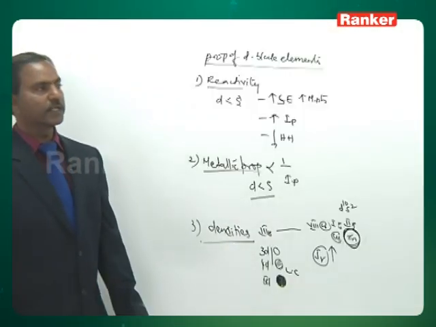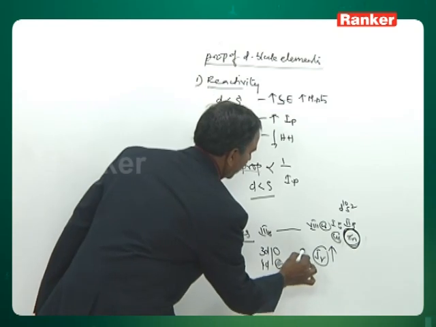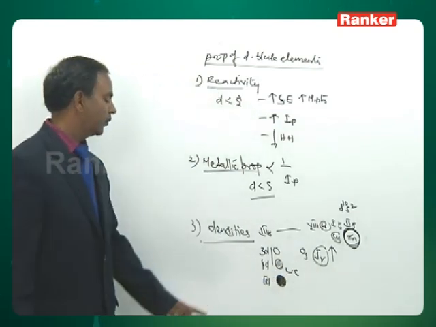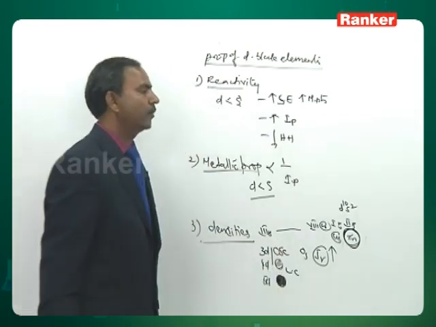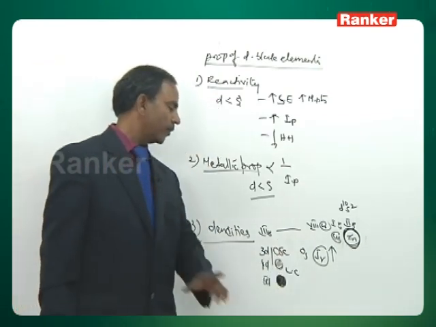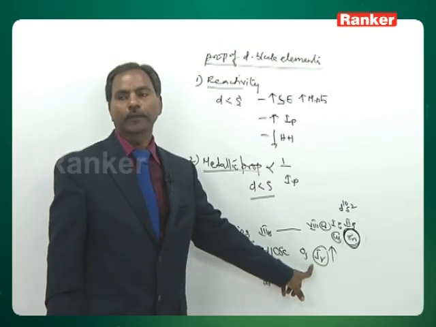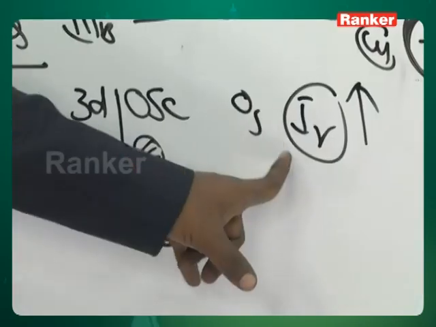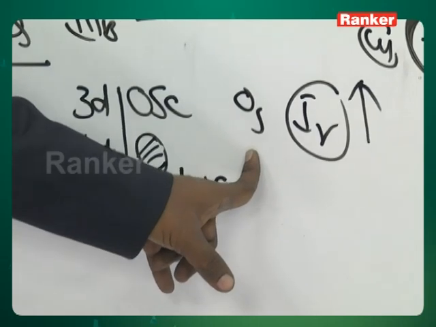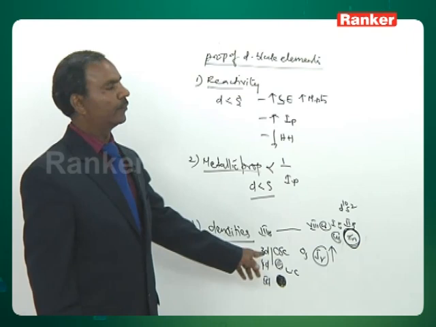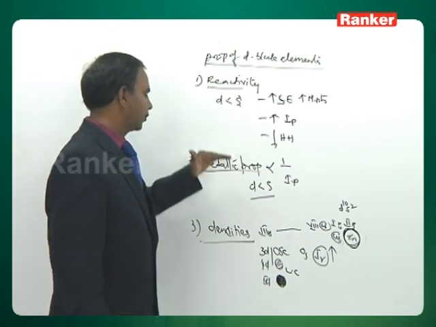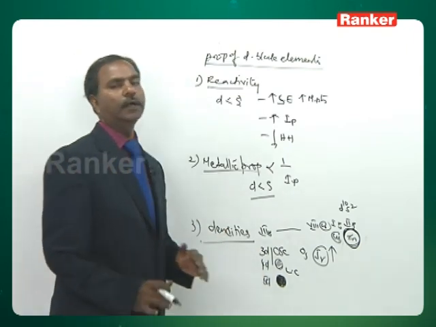Second is osmium, and scandium has the lowest density. Once again I am repeating, among all the d block, iridium has the highest density, second is osmium, lowest density among the d block is scandium. This is about reactivity, metallic property and densities.